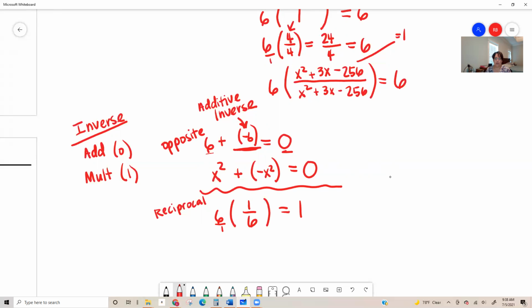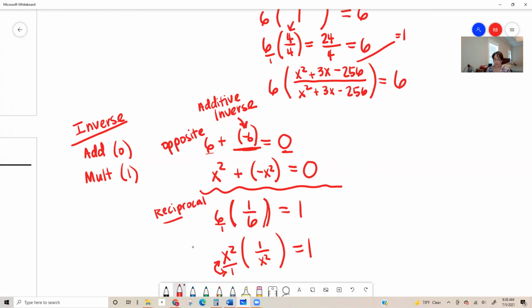So we can take 6, multiply it by 1/6, and you're going to get 1. We can take x squared and multiply x squared by its reciprocal. So we can also put x squared over 1, and then for the reciprocal, you just flip them. So it would be 1 over x squared. And that gives you 1.